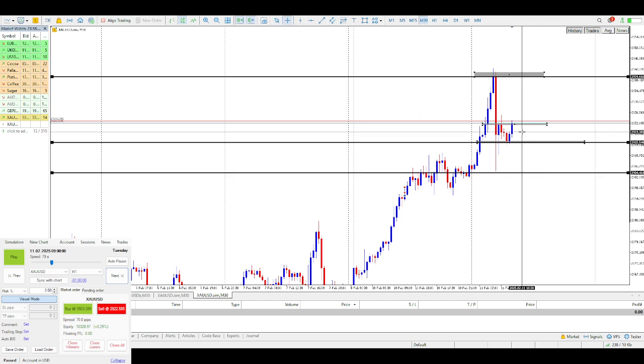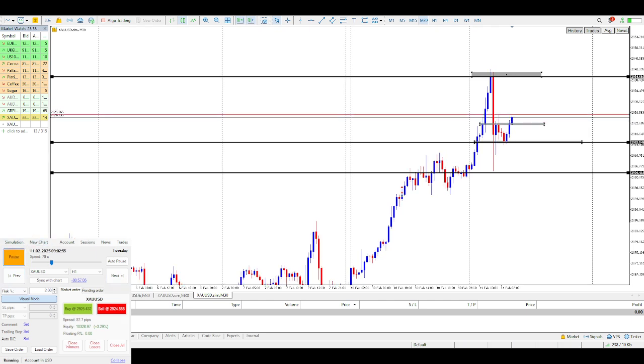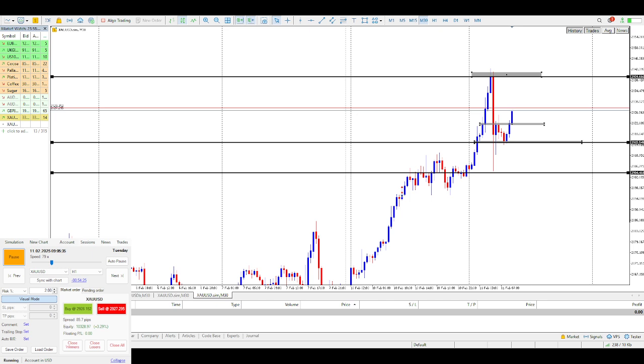Now another thing I should look at is that from this support, price went almost 48 pips in profit, bullish. Yes, I could have taken the impulse buy, but I'll wait.